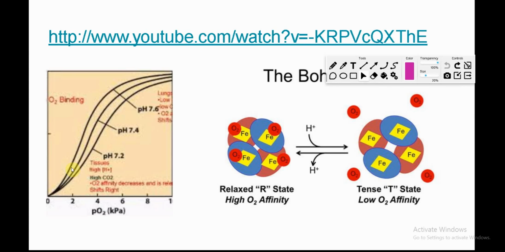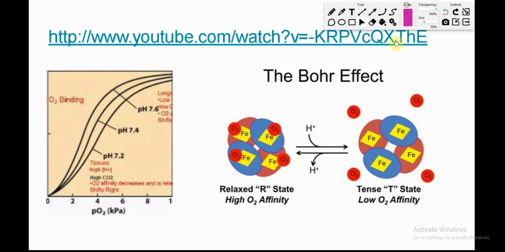So there will be a steep increase in the curve, and finally, when it takes up the 3rd one, it will be very easy to take up the 4th one, and it will be almost saturated. So there won't be a very large steep increase, and almost everything will be in a saturated form. That's how the sigmoid shape comes. So that's all about the cooperativity effect, the Bohr effect and the oxygen dissociation curve.